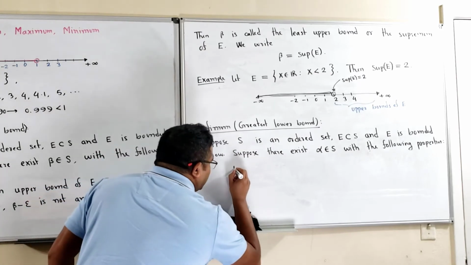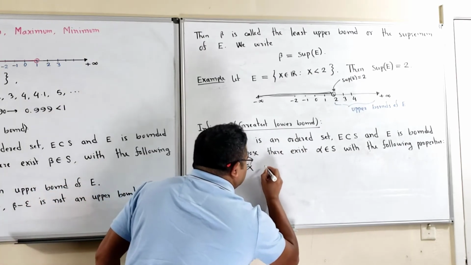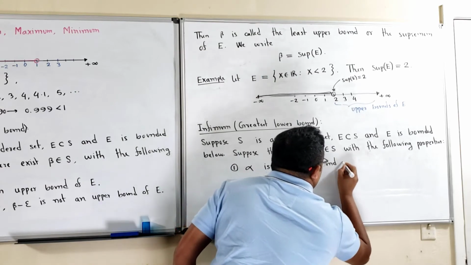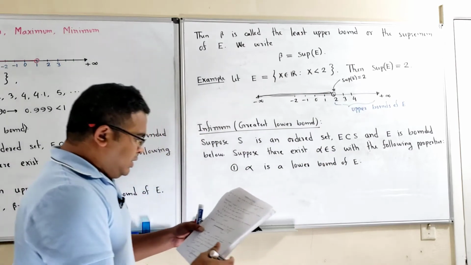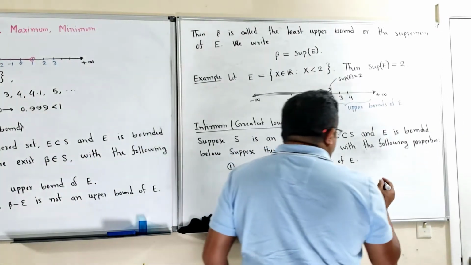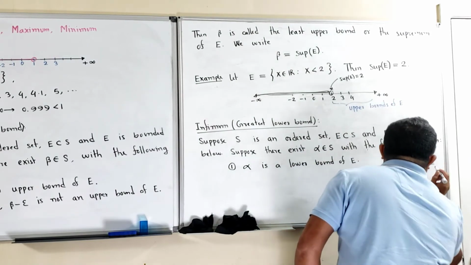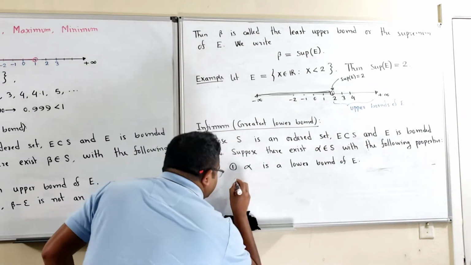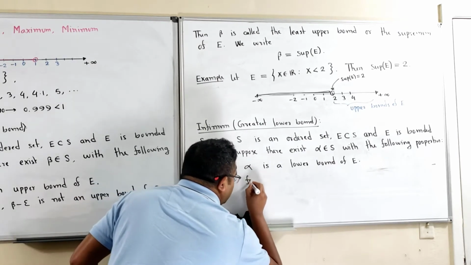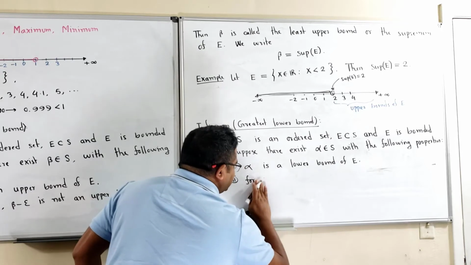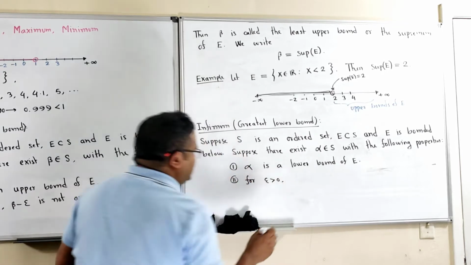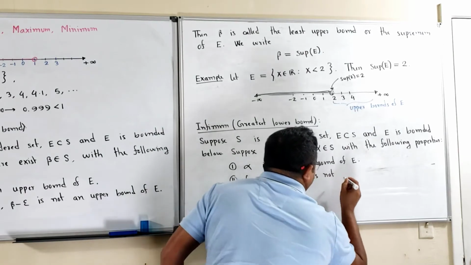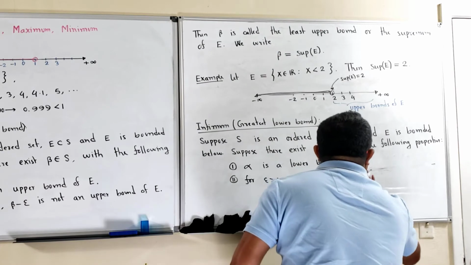The first property is that the number alpha should be a lower bound of E. We'll discuss it in an example. The next property is that for epsilon more than 0, alpha plus epsilon is not a lower bound of the set E.